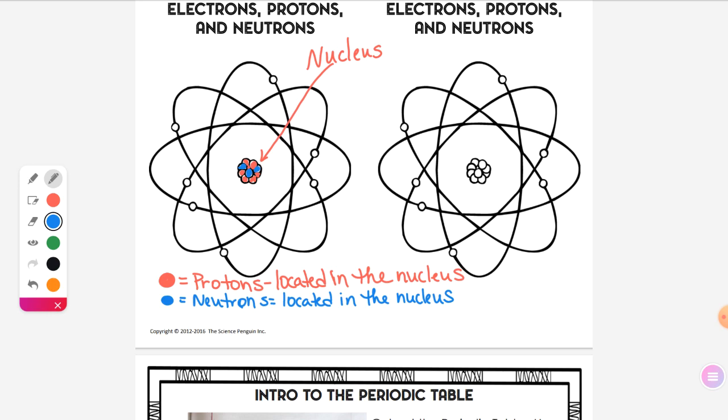Yes, Harper? And the dots on the outside are the green. Yes, so then we're going to color the ones in the rings around the outside. We're going to color these all green. And Harper is correct. Those are the electrons.